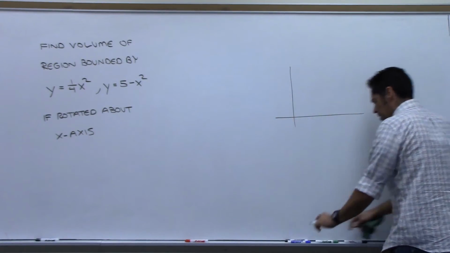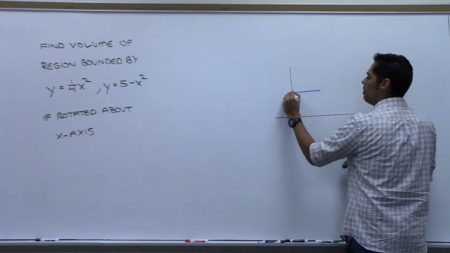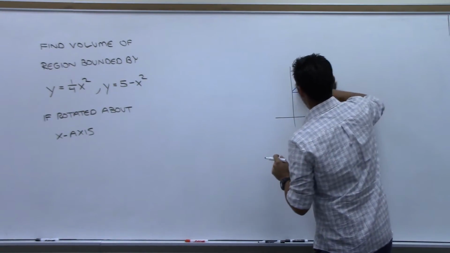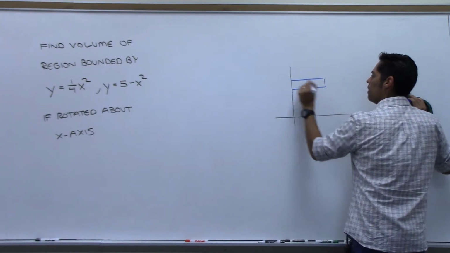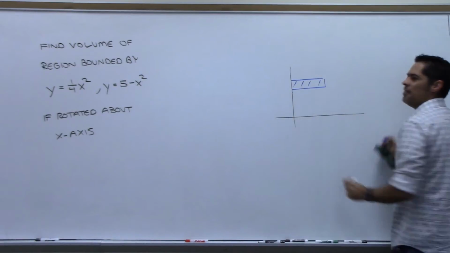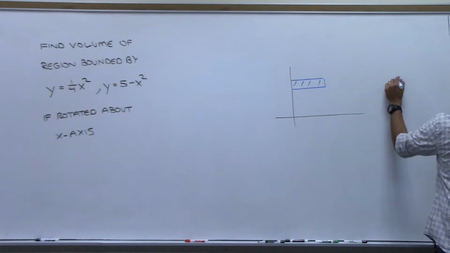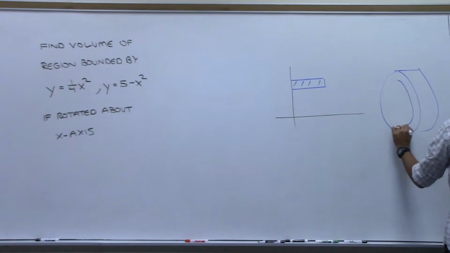Let's say we had this region right here. I'm going to make this region very simple. You know what? I'll make it even easier. Okay, that right there. Let's say I had that little rectangular region. I said wrap that around the x-axis. It would look like this, right?